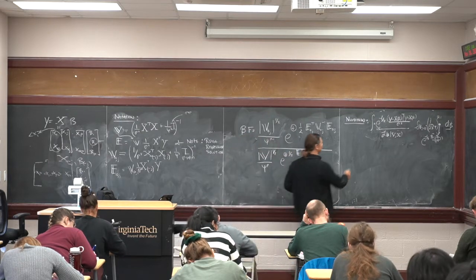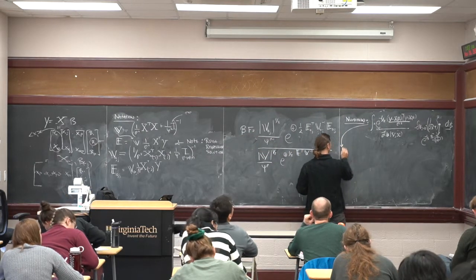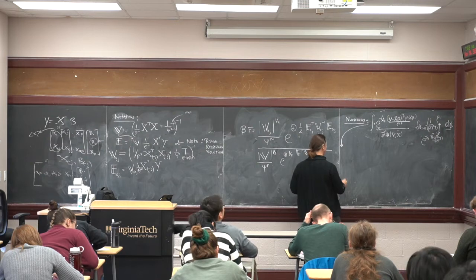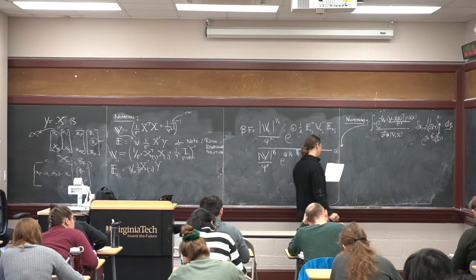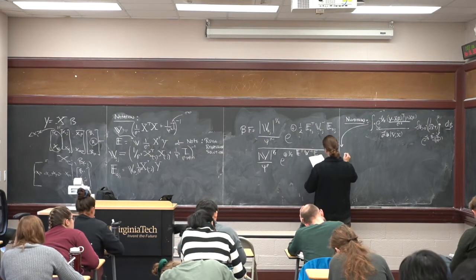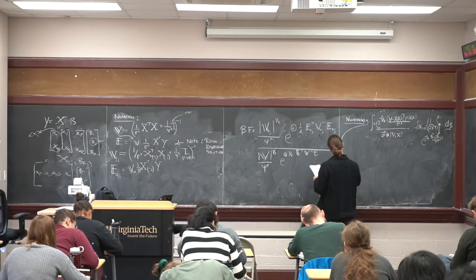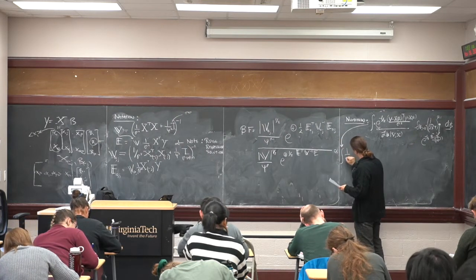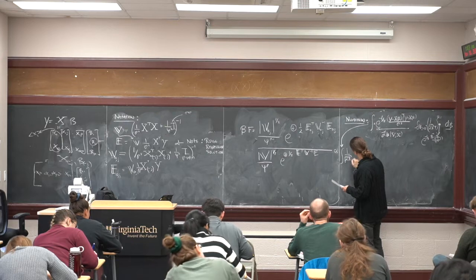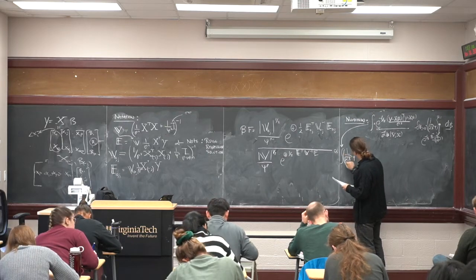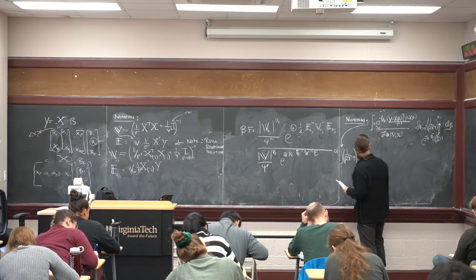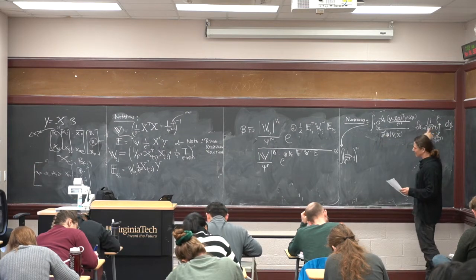So this is the key step, I think, that you need. So I can rewrite this up to proportionality. This is going to be integral 1 over root 2 pi square root psi raised to the p minus 1. That's still just that stuff.